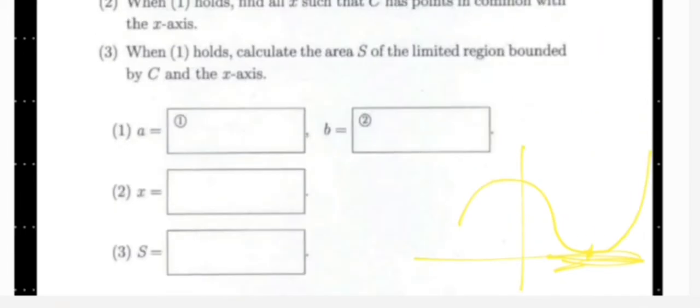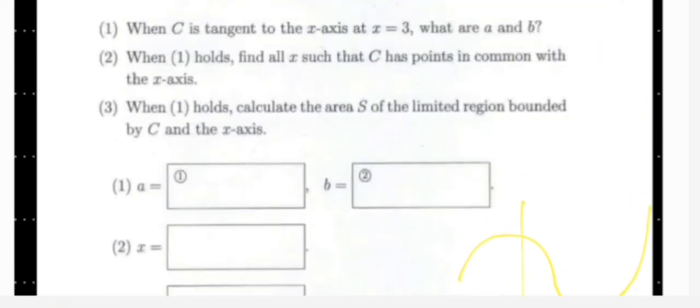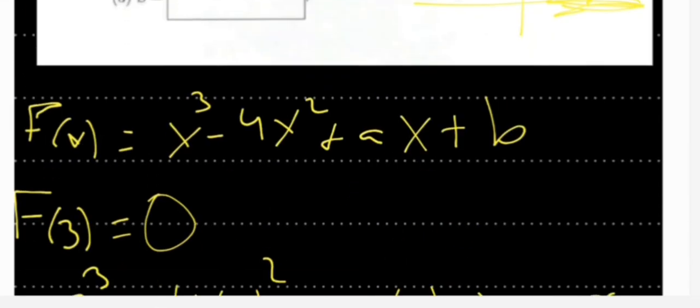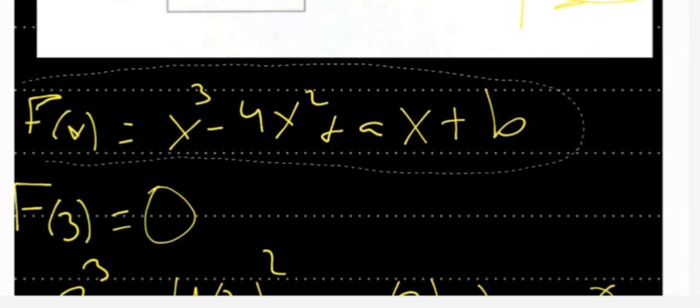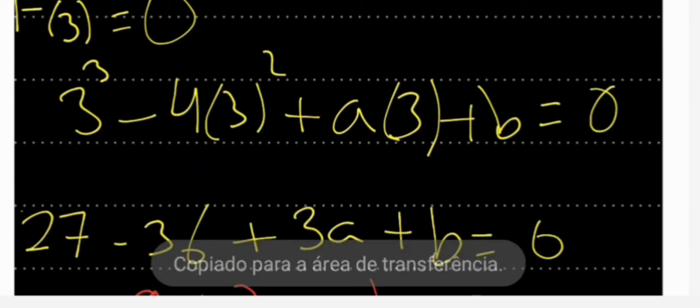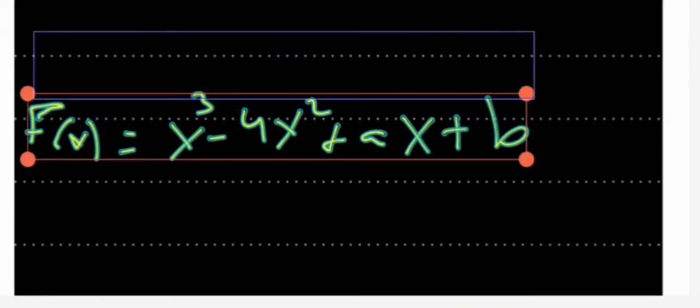So let's solve the next question. When one holds, so this is right. What does he mean when one holds? So this is f of x, the f of x that he gave us.